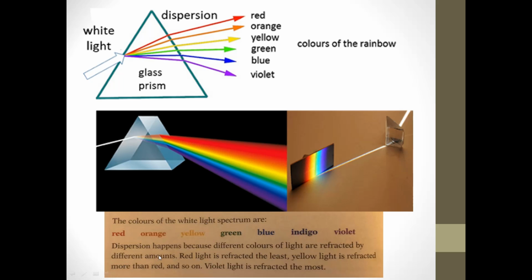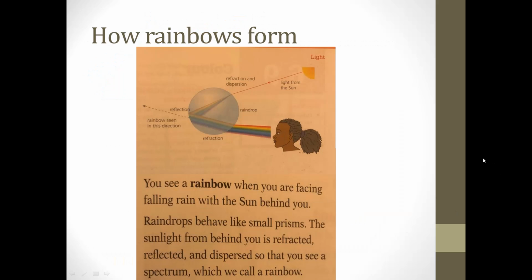Red light is refracted the least. Yellow light is refracted more than red. And violet light is refracted the most. So the colors are red, orange, yellow, green, blue, indigo, violet.